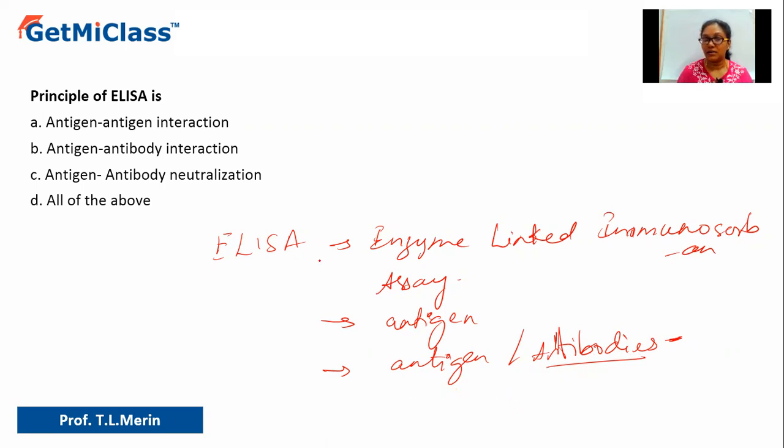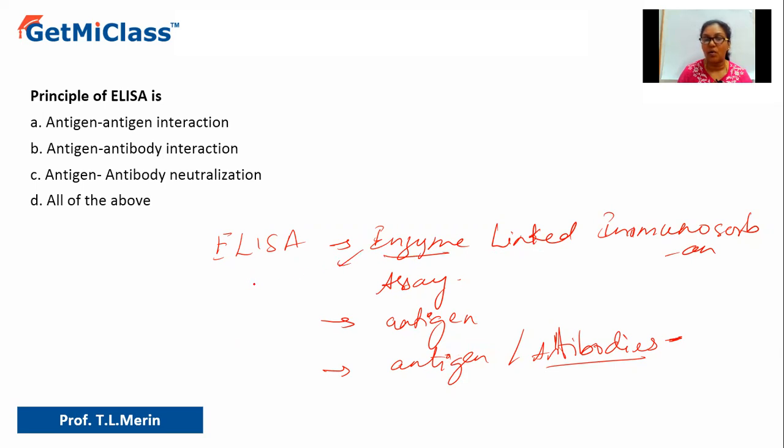Okay, so here the particular antibody which is added to detect the antigen is linked with an enzyme, a particular enzyme, and this acts as a marker. Okay, this acts as a selectable marker, or you can say this acts as a marker.